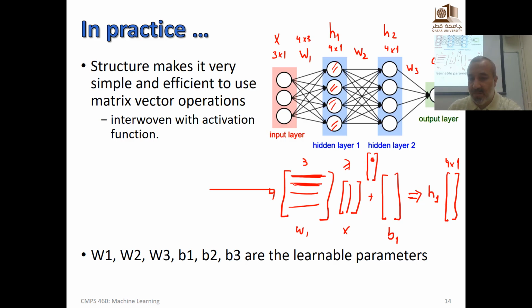Then when we multiply the next row with the vector, we get the second element. What are these elements? If we just ignore the biases for now, these will be the values of the units. If I assume that the biases are zeros, just for simplicity, then multiplying this by that will give me the weighted sum for the first unit. So this row actually represents the weights going to the first unit, which is this one, and this one.